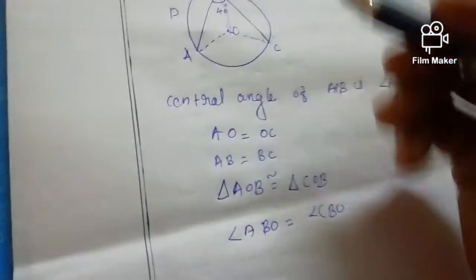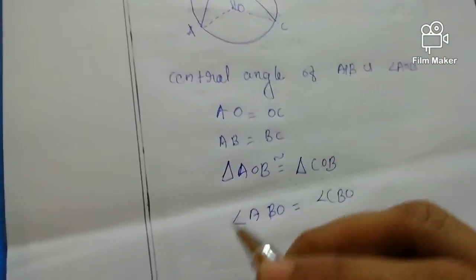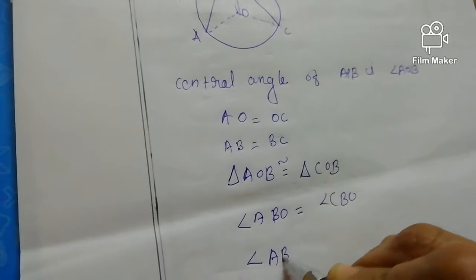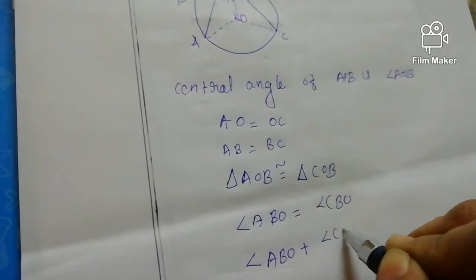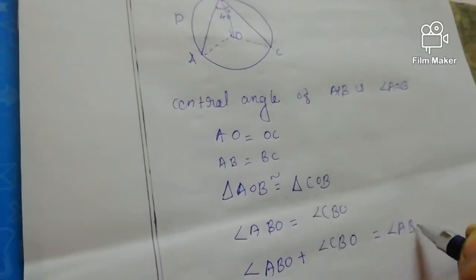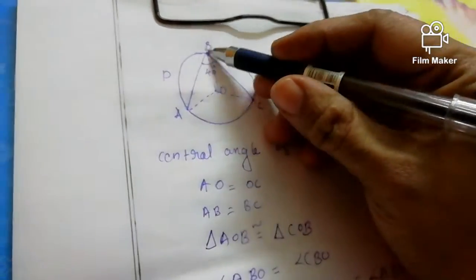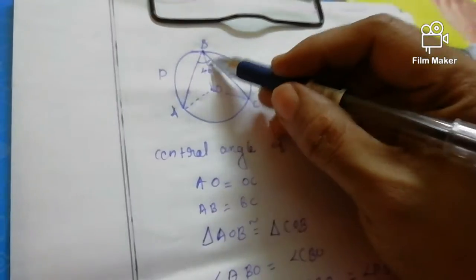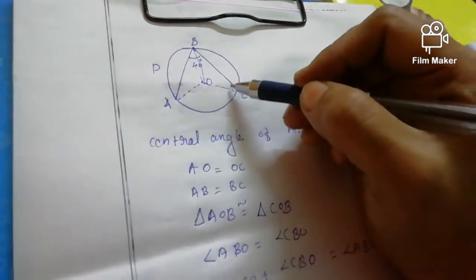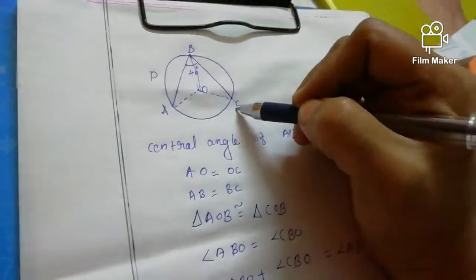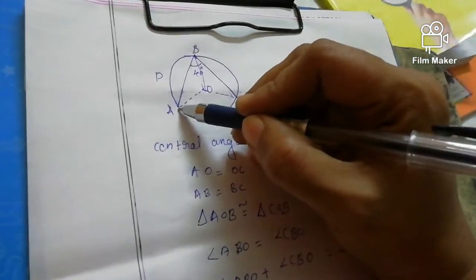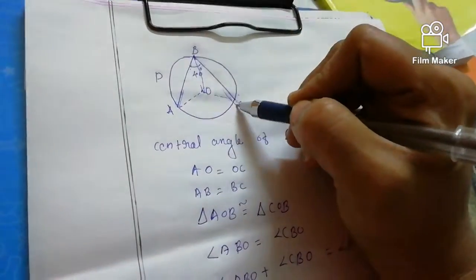These two angles are equal. Angle ABC can be divided into two angles, angle ABO and angle OBC. If we add these two angles, we get angle ABC.